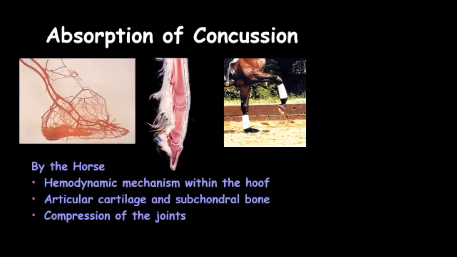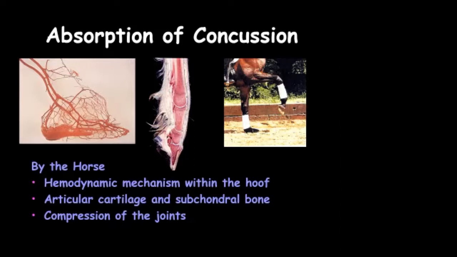But underneath the articular cartilage is the subchondral bone, and that also is rather a good shock absorber. And then another thing that helps absorb concussion is the flexion of the joints during weight bearing.